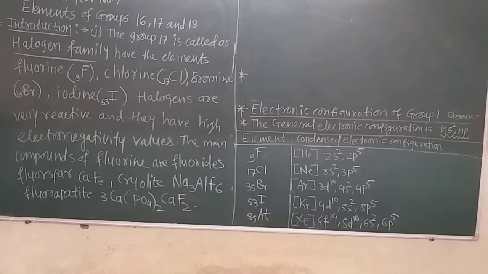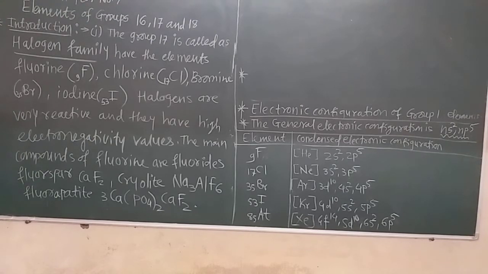Now halogens are very reactive because they have the general electronic configuration ns2 np5. That means they require only one electron to complete their octet, like the inert gases. So they attract one electron readily, and they become negatively charged ions.